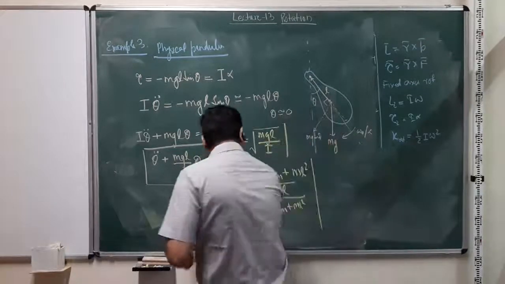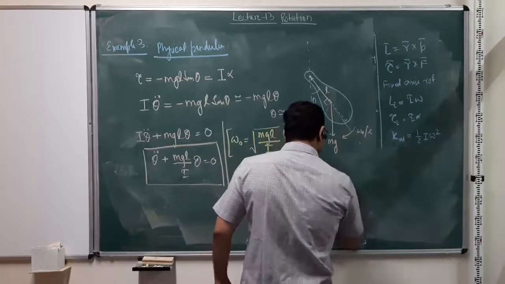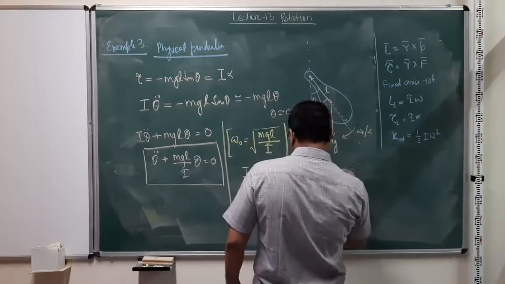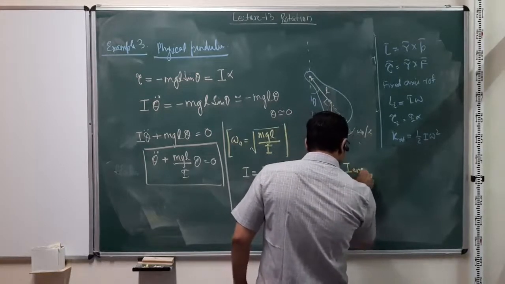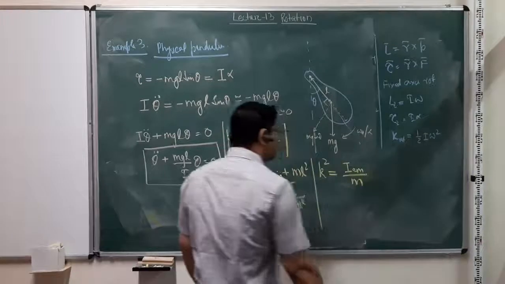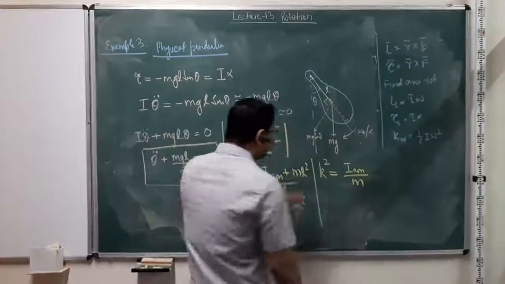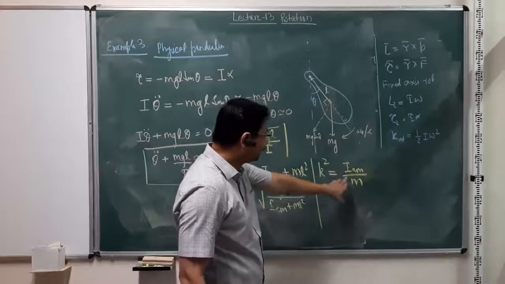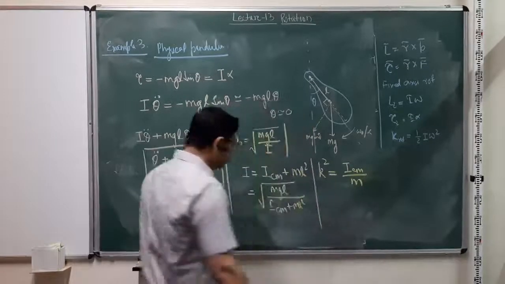And I can define a parameter k. Let me write k square as I CM divided by the mass of the rigid body. This will have dimensions of length square, so k is basically some length parameter.